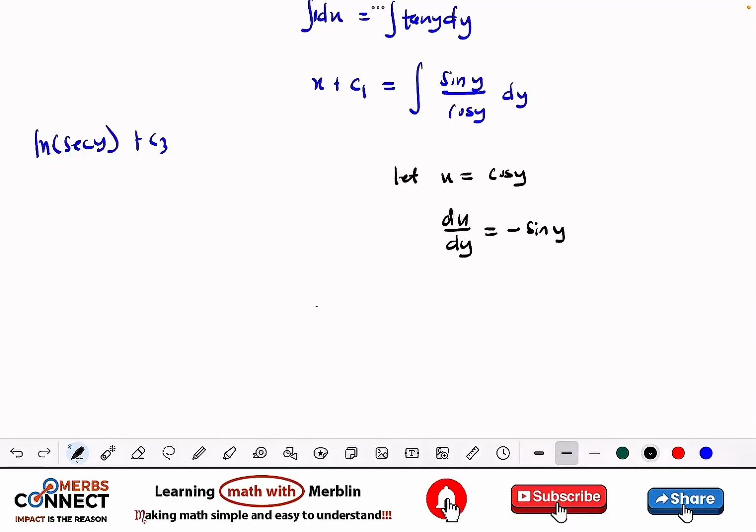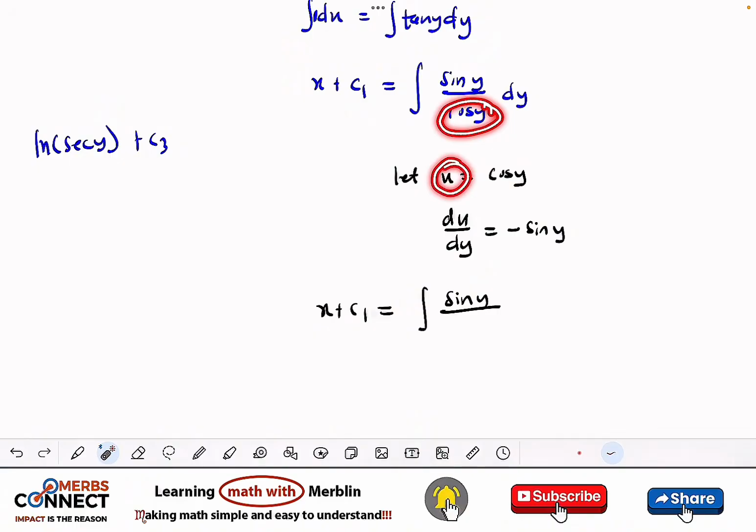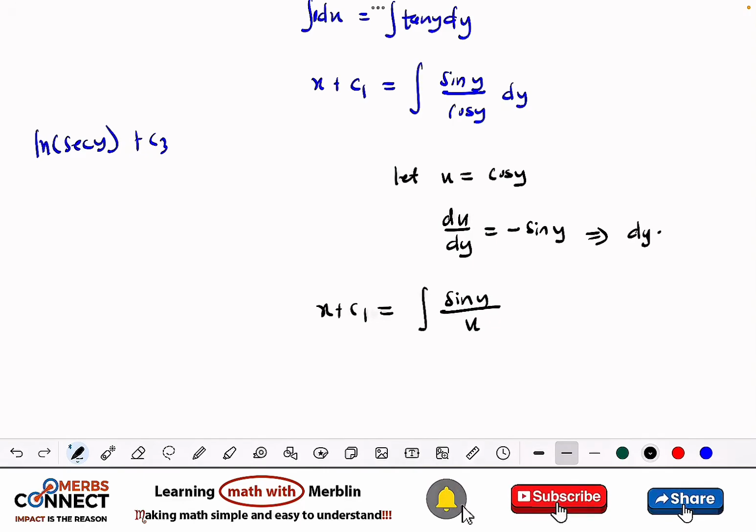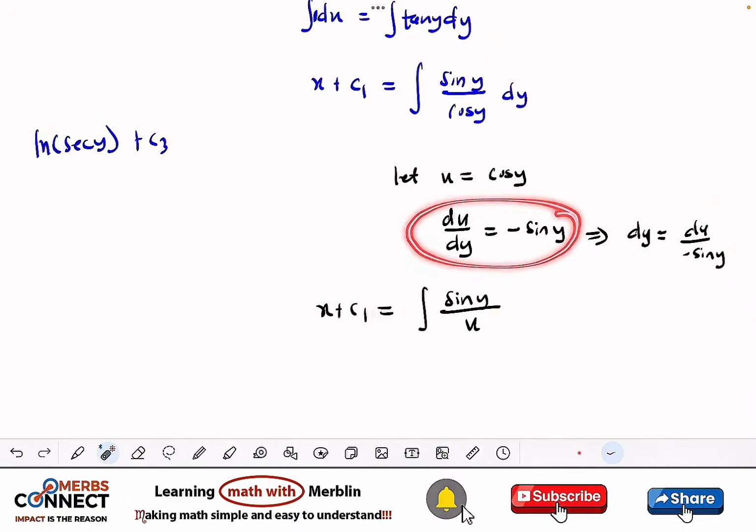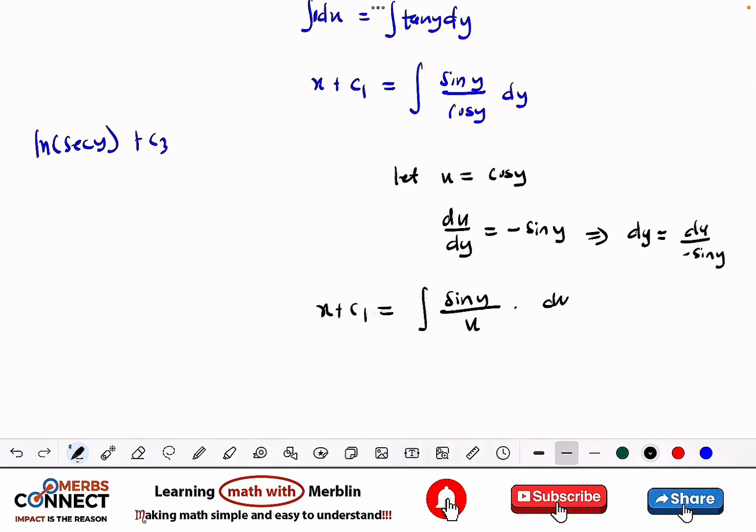So now let's do the substitution. x plus c1 is equal to the integral of sin y divided by cos y, which is u, so I'm going to have u. What is dy? Let me make dy the subject here. So dy is equal to du over minus sin y, right? So I multiply by du and divide through by minus sin y. So dy is du over minus sin y.